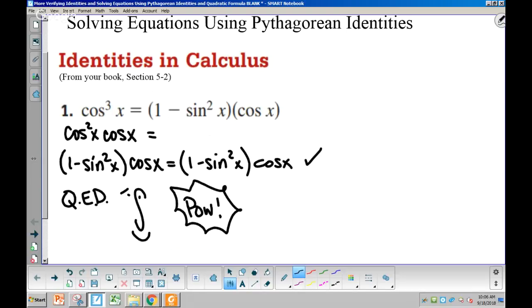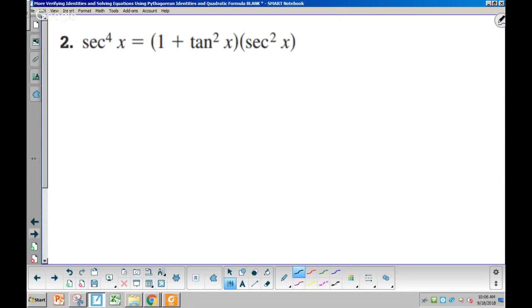All right, so let's do the next one. Again, I'm going to challenge you here to use the left side. And what you have standing all alone here on the far right side is a secant squared. So that's going to be your clue to separate out on the left.